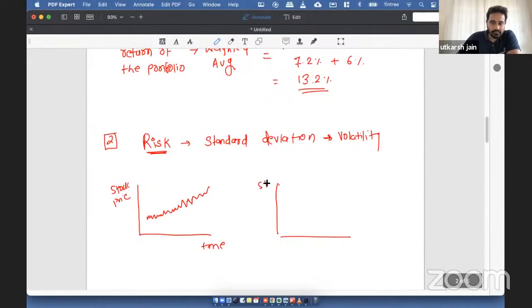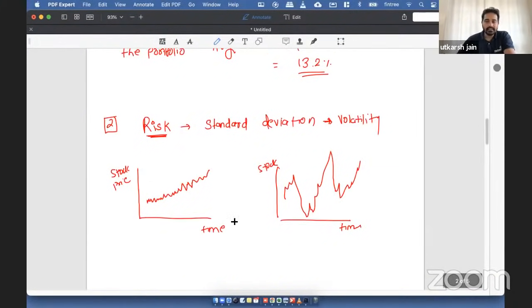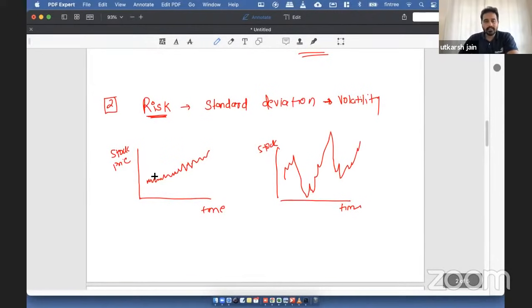As against that, there is another stock which moves like this. Obviously we have an intuitive understanding of this. It looks like the first stock has a relatively more stable stock price profile. So intuitively we can say that it will have a lower standard deviation.